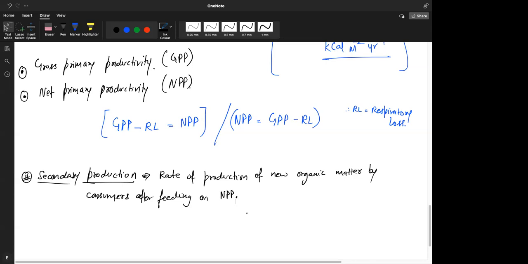Then they will also produce something, and they will also lose a lot of things as respiratory loss, and then the secondary consumer will lead to tertiary productivity. Right? They will eat and they will produce new babies or their body size and so on. So it will keep going through the trophic levels, and every time you have to factor in that there were respiratory losses in the environment. That's why this 10% rule comes for energy flow.